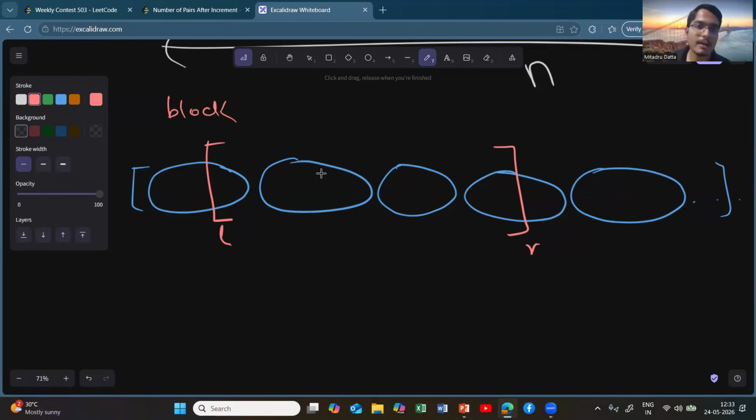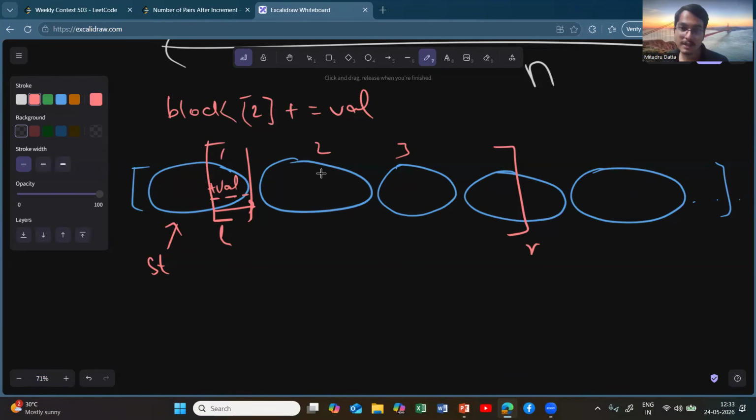If you are adding a value val to all of them, first you find the start block, go with L, and till the end of the start block you add val to all the elements present. Then iterate block-wise, block 3 plus equals to val. This means every element is considered to have val added, although it is not actually added in the array, but you can store it like that.